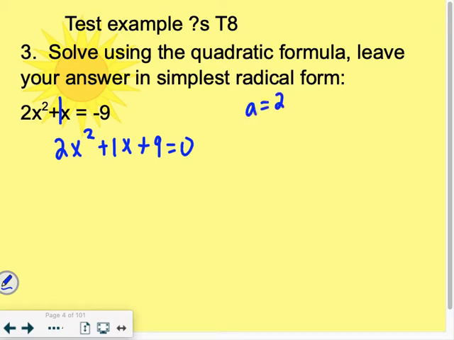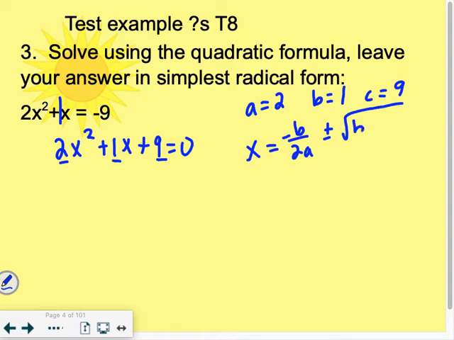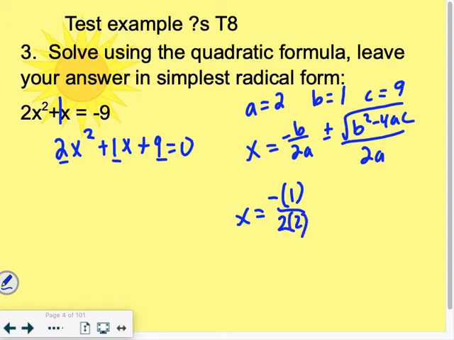I can identify my a, my b, and my c, which are the coefficients in standard form. And then I'm going to plug it in to the quadratic formula in place of the correct letters. So I'd have negative 1 over 2 times 2.